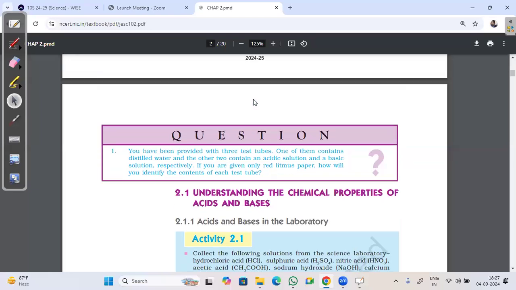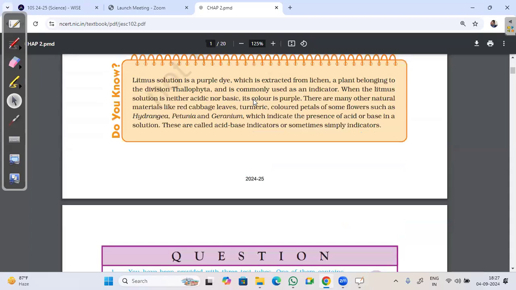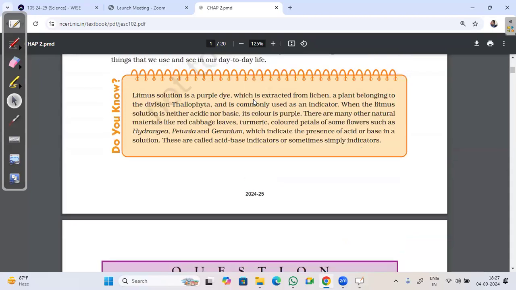Yeah, the test for the acids. So how do we test acids and bases? Abhinav, how do we test the acids and bases? What are the different methods of testing?